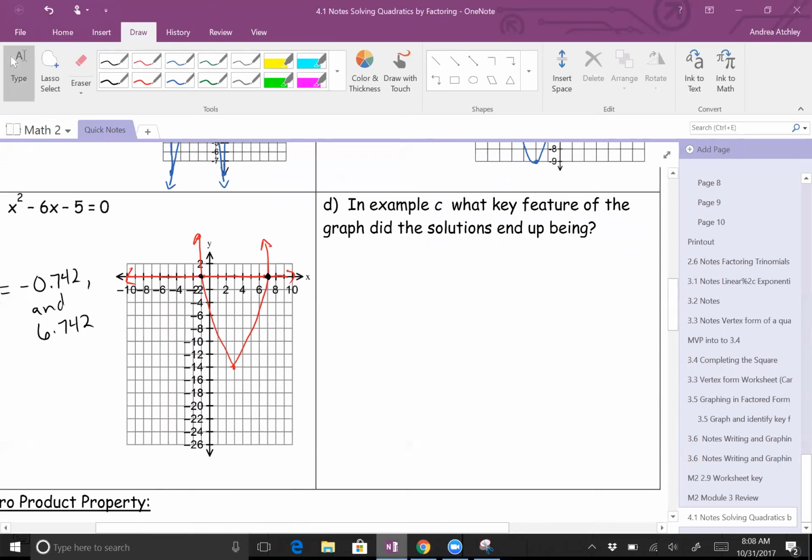And you sit right here. What were the key features of that graph? What did the solutions end up being? What was the key feature that it ended up being?